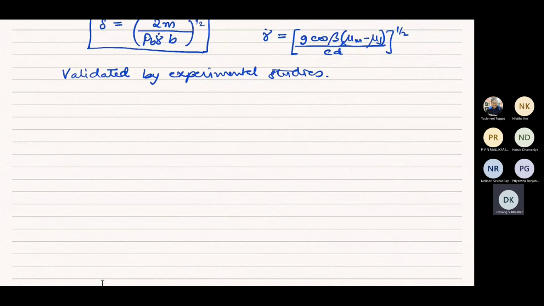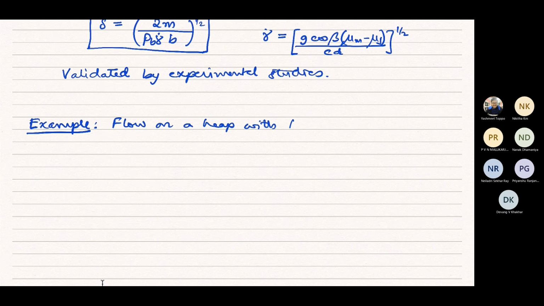The next problem that I will look at, and I'm going to just introduce it here and then stop, is another example. So that is flow on a heap with frictional side walls and a closed exit.